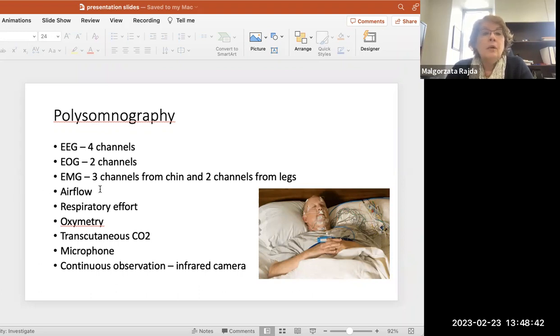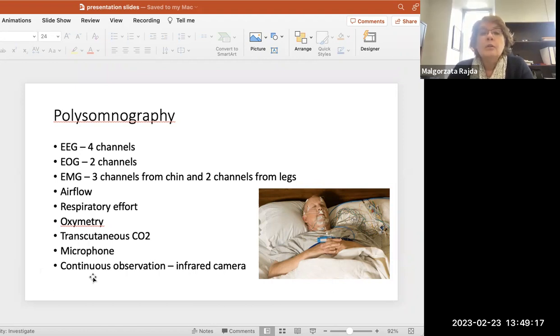We measure airflow at the nose and mouth, as well as respiratory effort, because we want to know whether the breathing is of central or obstructive origin. Oximetry is monitored continuously. In some patients where it's appropriate, we also measure transcutaneous CO2. There is a microphone in the laboratory, and the patient remains under continuous observation through an infrared camera.